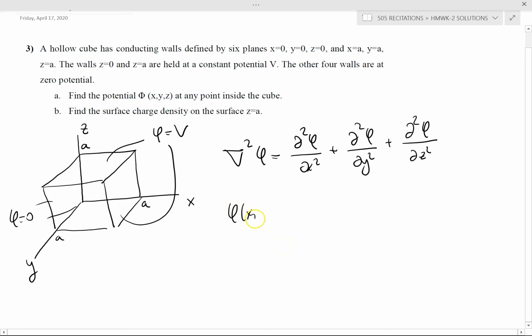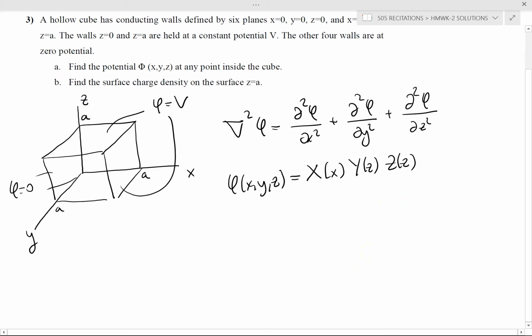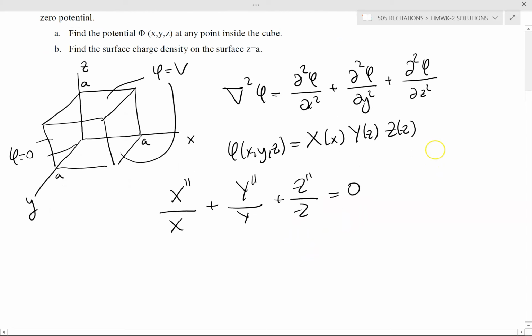So I am just re-expressing the potential function as a product of functions independent from each other, and given these circumstances, this differential equation can be easily reduced to the following. You have already done this step a couple of times, so I'm just passing through it.